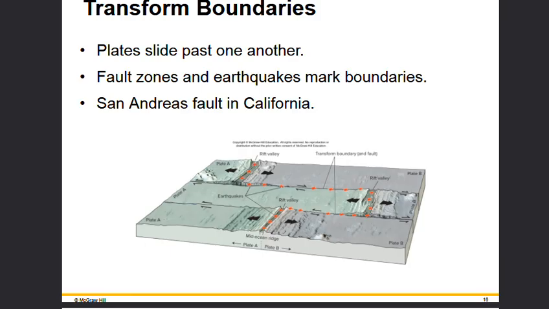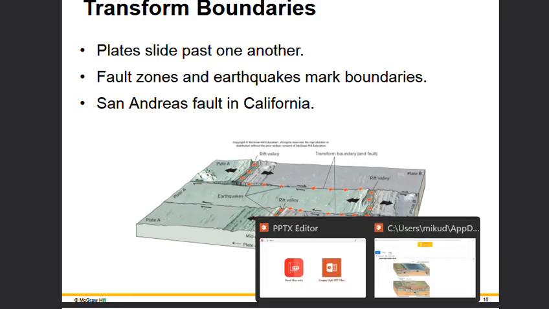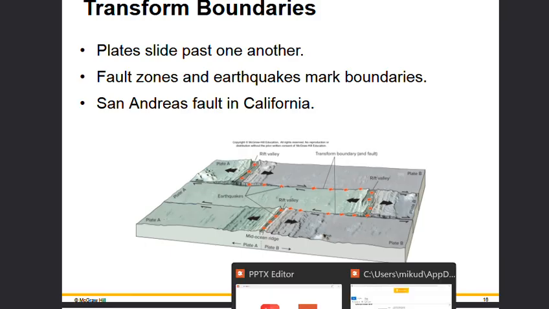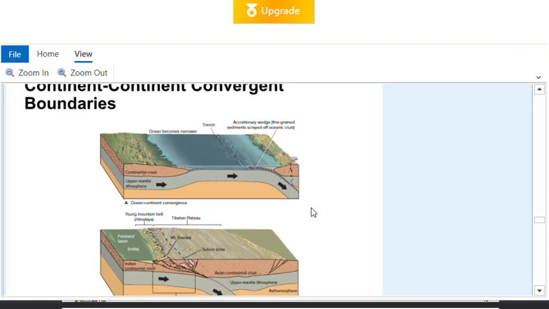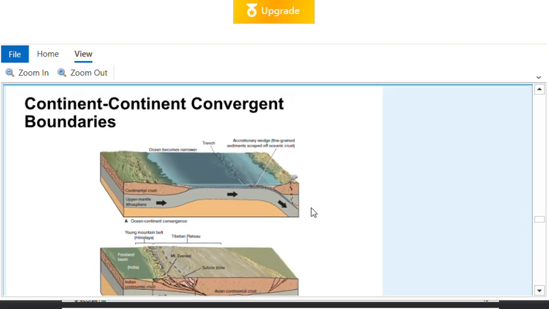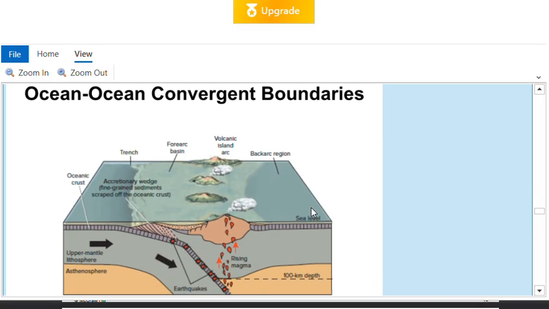But in all of this, if you go back from the transform boundary slide, go backward: continental collision, oceanic collision, and oceanic-continental collision, you will see that the surface features are different. Yes or no?